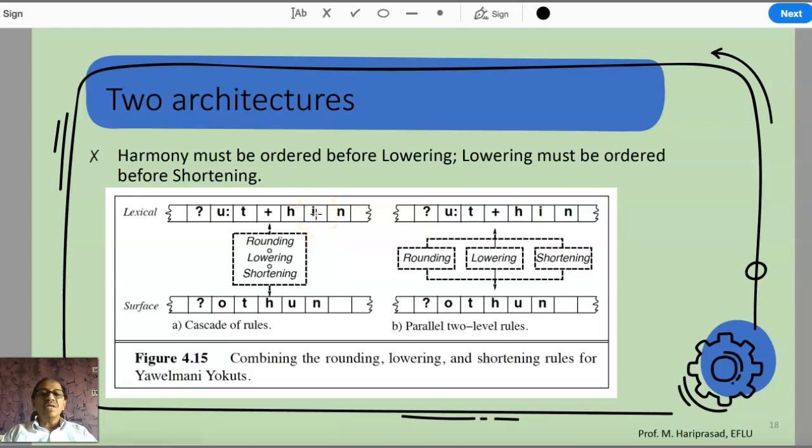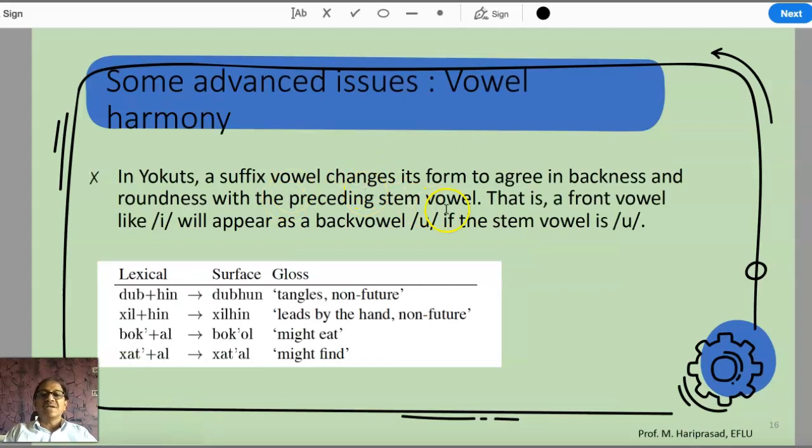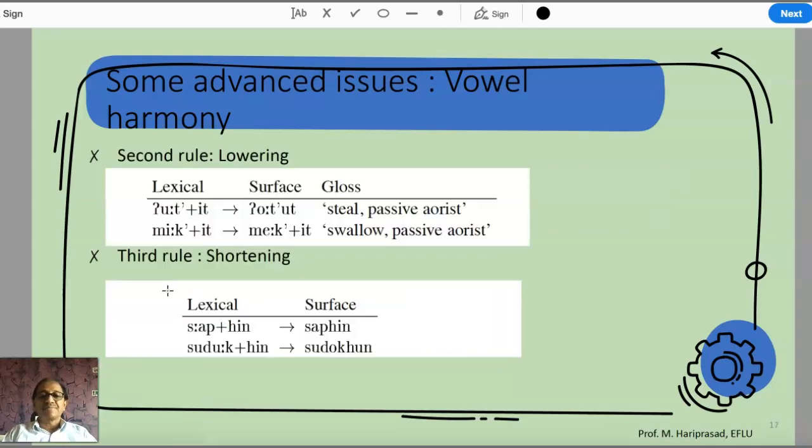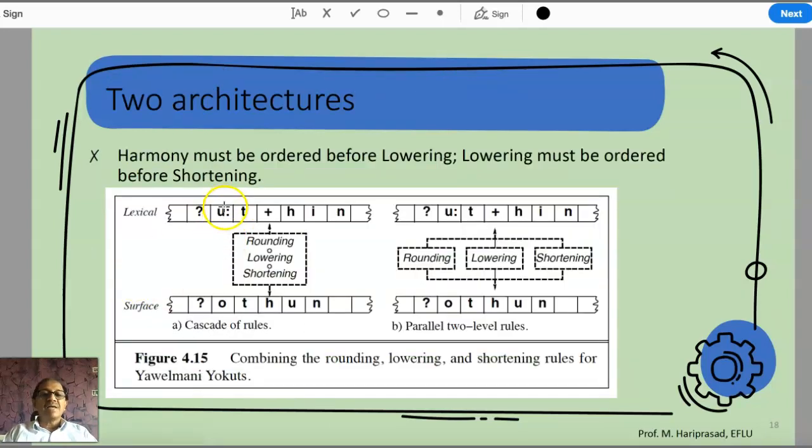Okay, rounding applies first. Rounding is here, that is the stem influencing the suffix. The stem has a rounded vowel, so the unrounded vowel in the suffix should become U. Okay, this becomes U first.